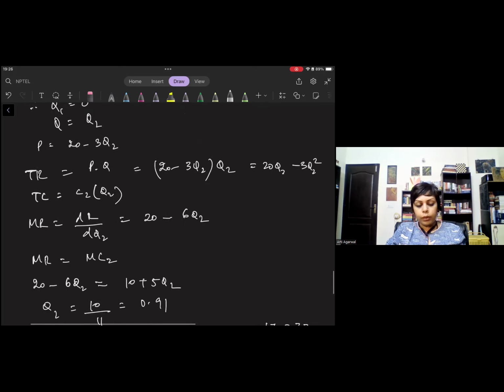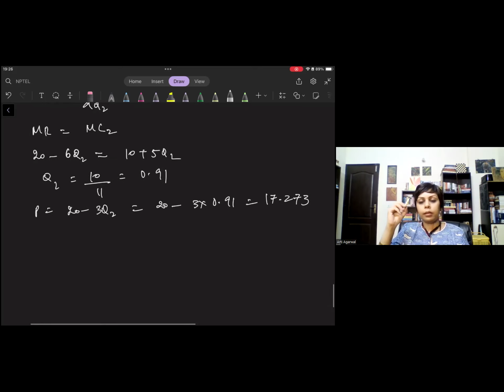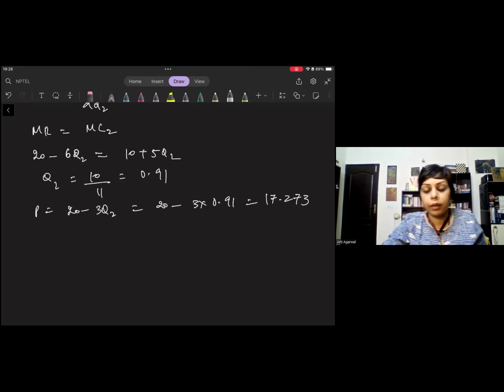The second thing is you take the total revenue, which will be a function of Q1 and Q2 in the general case. You take the marginal revenue with respect to Q1 and with respect to Q2, and you equate MR1 equal to MC1 and MR2 equal to MC2, where MR1 is marginal revenue with respect to factory 1 and MR2 is marginal revenue with respect to factory 2.